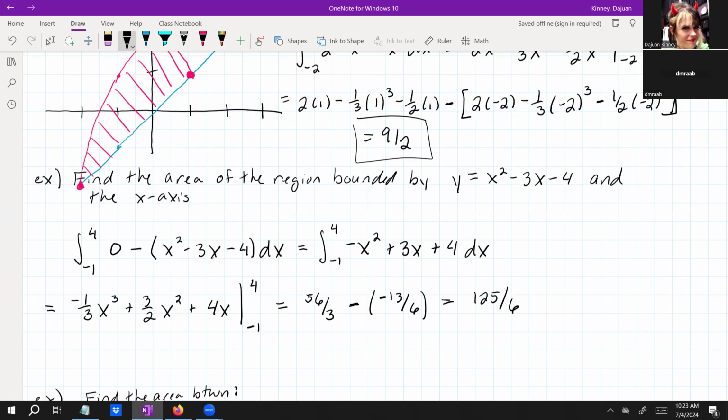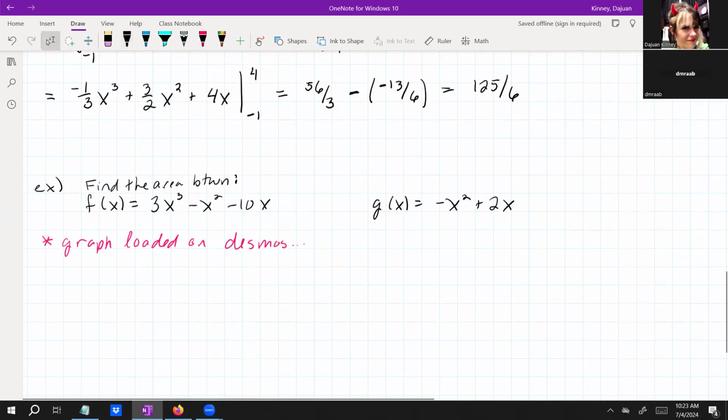So I am going to trust that I button pushed that well. Looks good. Okay. Last one, we're going to find the area between these two functions.